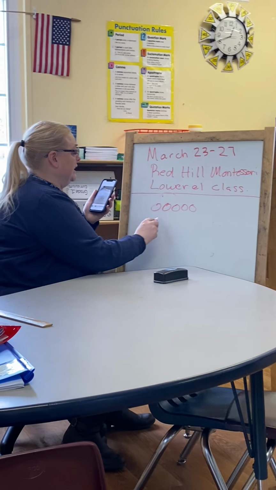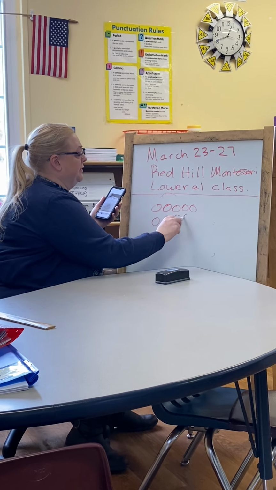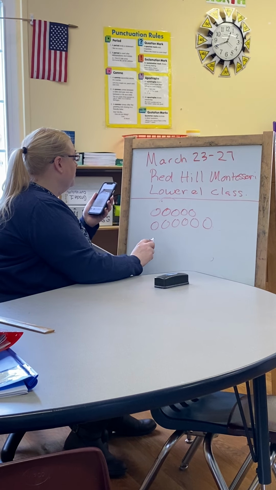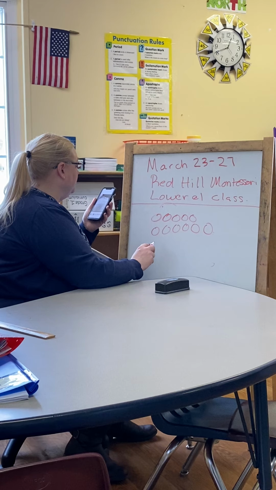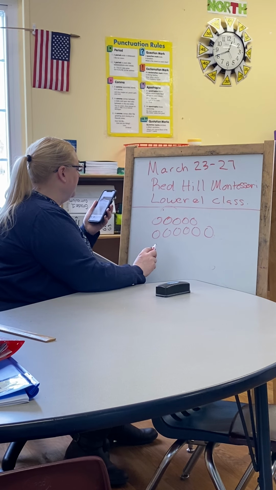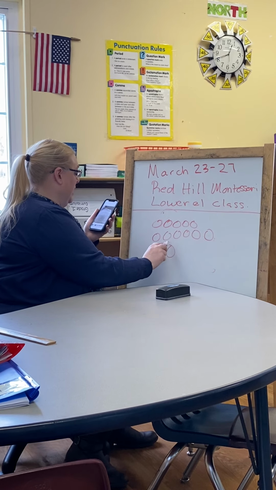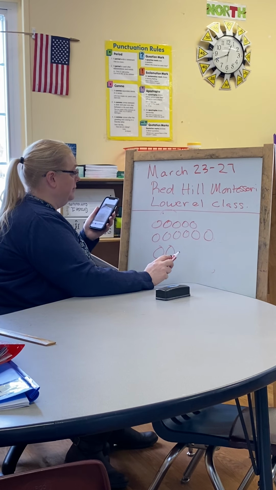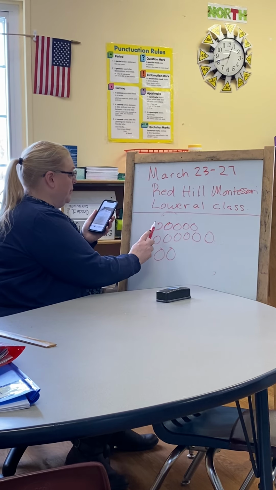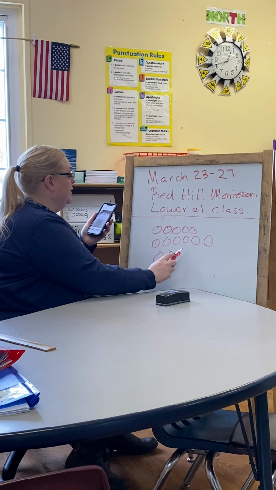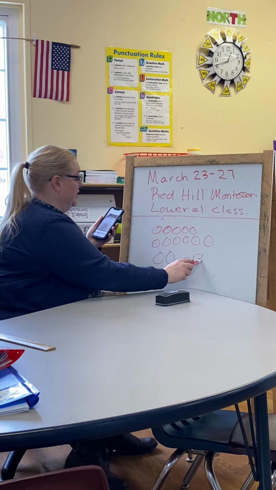They put in 6 circles to represent the goats. And they put in 2 circles to represent the horses. And then they added them all up. If we add them all up, we have 1, 2, 3, 4, 5, 6, 7, 8, 9, 10, 11, 12, 13. So we know that that equals 13.